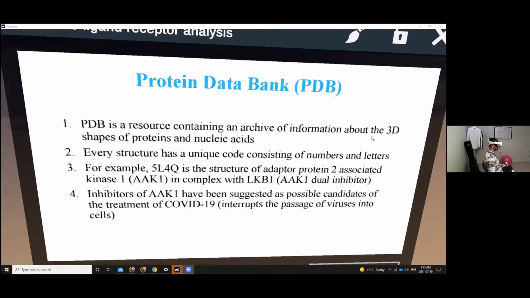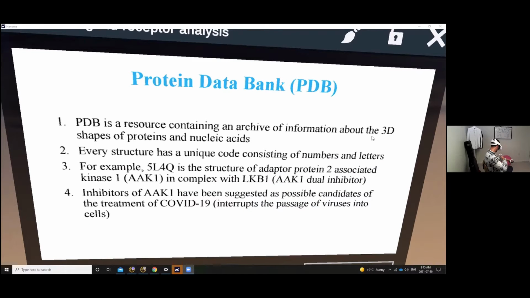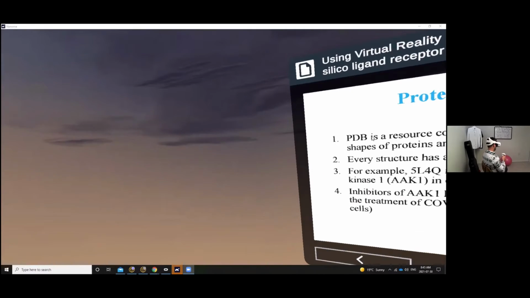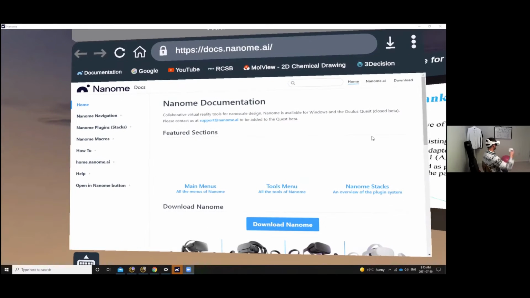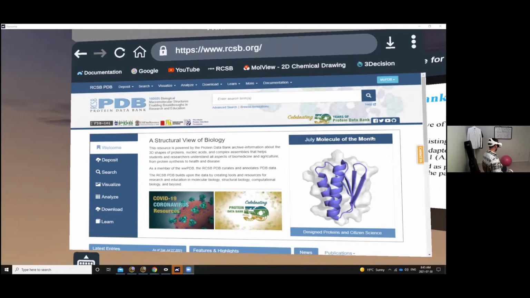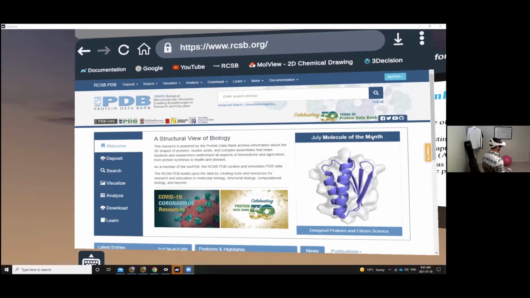In this live demonstration, I'm going to pull up my web browser and quickly show you the protein data bank. So here's our web browser inside of virtual reality. If we go to the RCSB, the protein data bank, this is the server where we can get all of our PDB files, as we talked a little about in this seminar.